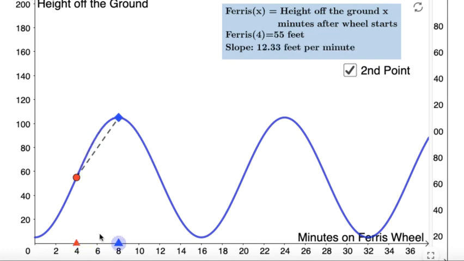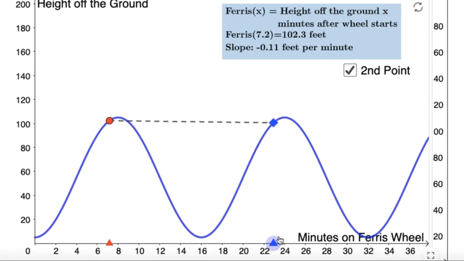Once we get up here, you can see that our height off the ground is changing by just a couple less than 2 feet per minute. And if we move these points like this, you can actually get this value to be just about 0, because in this interval, your height barely changed at all.